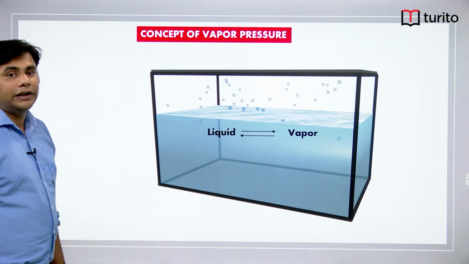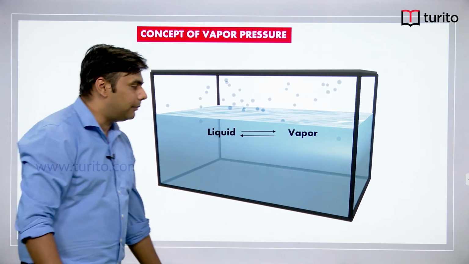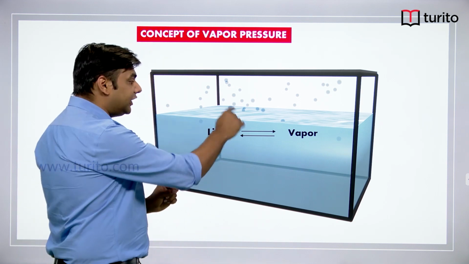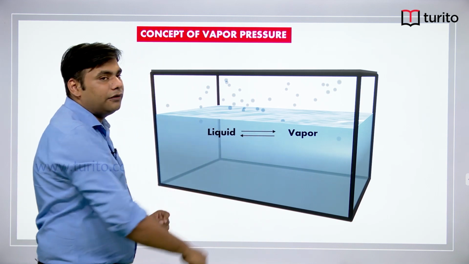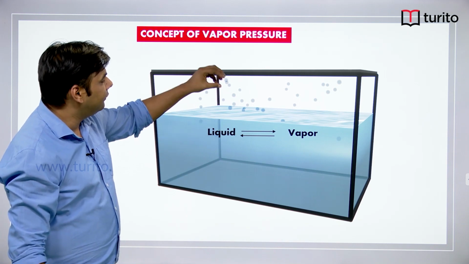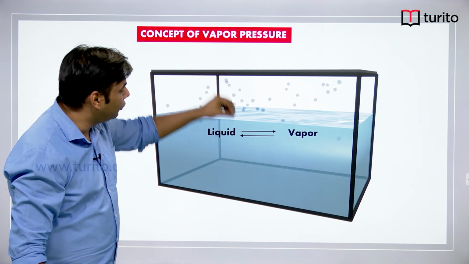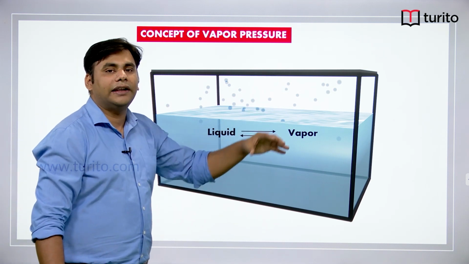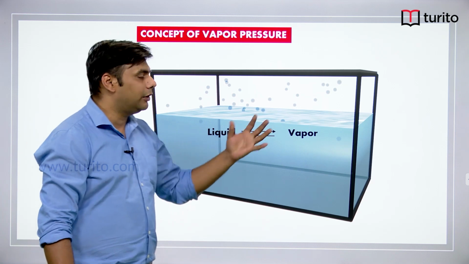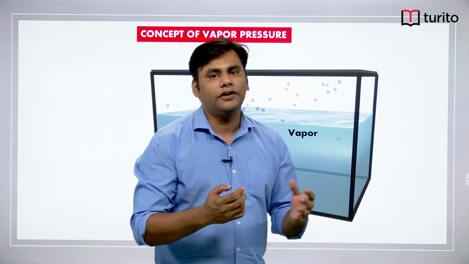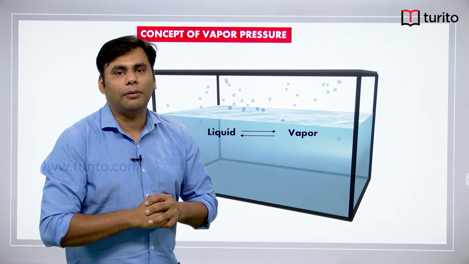At that point an equilibrium is established between the liquid and vapor: the gas molecules which have escaped are going back into the liquid while a few molecules are coming out. At that point, the rate of condensation will always be equal to the rate of evaporation.